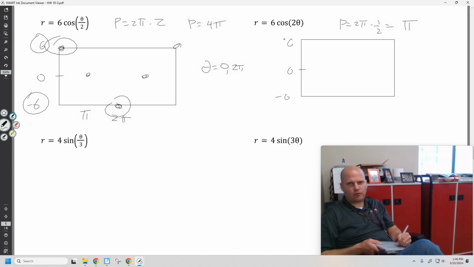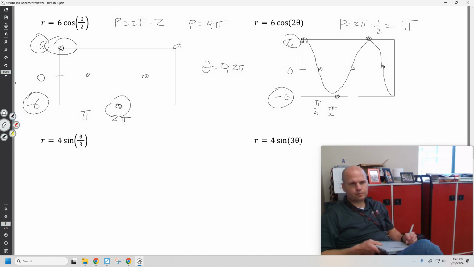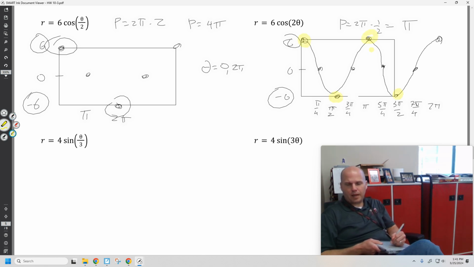Same deal, 6 and negative 6 will be furthest away from the origin. 0, this would be pi over 4, pi over 2, 3 pi over 4, pi, and I'd have to repeat: 5 pi over 4, 3 pi over 2, 7 pi over 4, 2 pi. Bam, bam, bam, bam, bam.